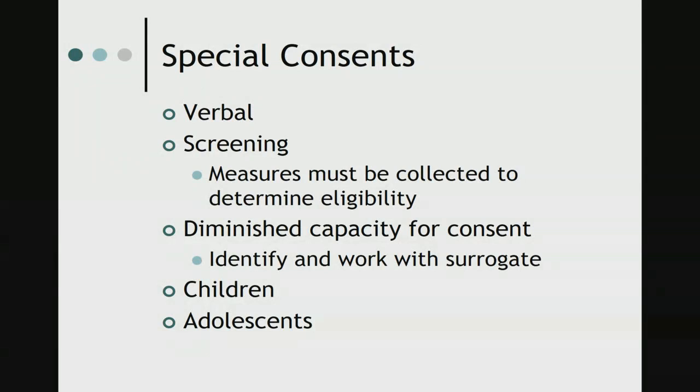Exactly. And that's what I was going to say here with diminished capacity: you want to make sure that you don't just accept that someone is a surrogate, that you're clear that they are a permissible surrogate for that person. So, for instance, you have to be clear with children whether it's a parent or guardian, and what does guardian mean.